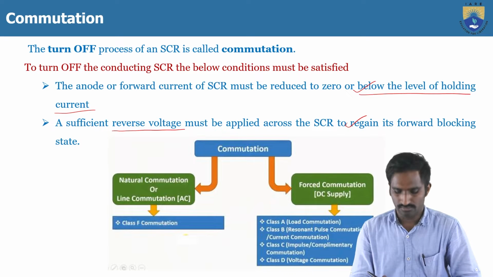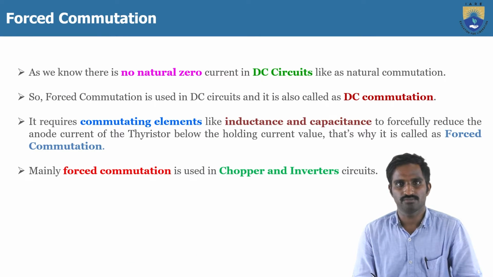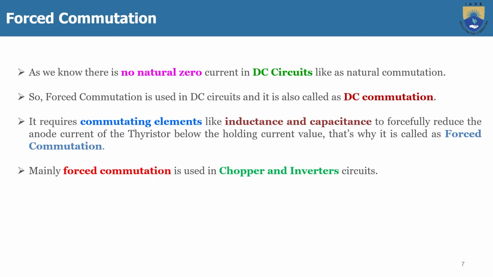Next, forced commutation. We use forced commutation only when the input is DC supply, because as we know, DC supply is always positive, so we don't have any negative supply.